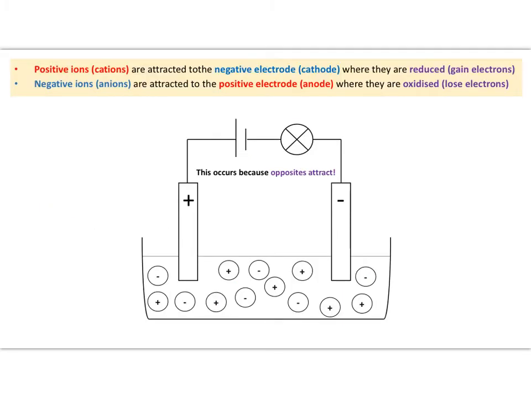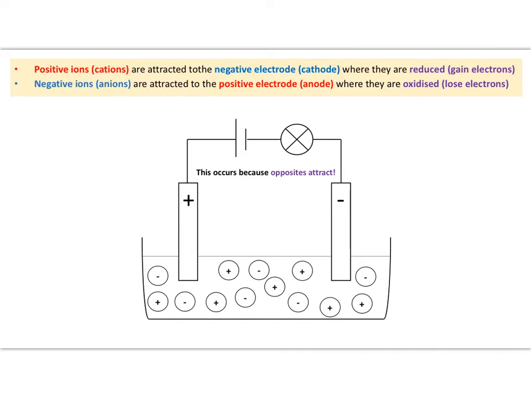Okay, so let's just remind ourselves again of the basic process. We are effectively producing a circuit. It becomes a complete circuit when our ionic compound is molten or dissolved, because the ions are free to move and carry charge. And remember that a current is a flow of charge. So we have our power supply. We have a lamp just to show that we do have a complete circuit.